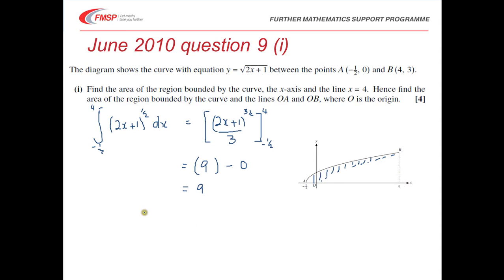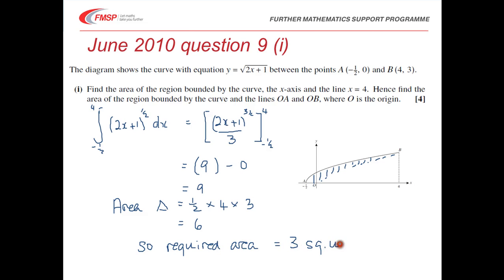So the area of the triangle then will be a half times 4 times root 2x plus 1 when x is equal to 4, so that's going to be 3. So the area of the triangle is 6, and so the required area is 3 square units.